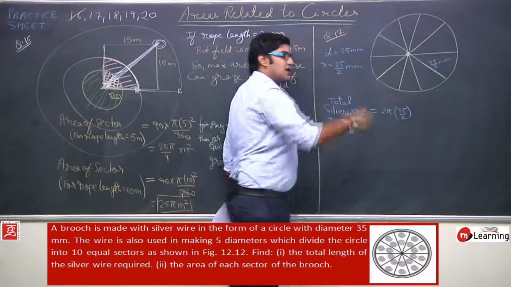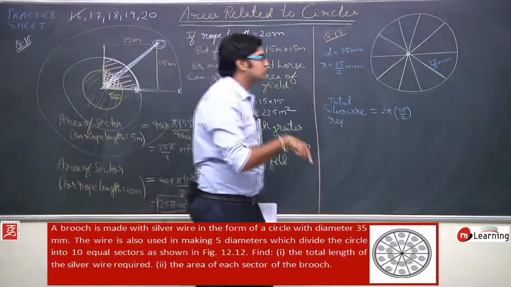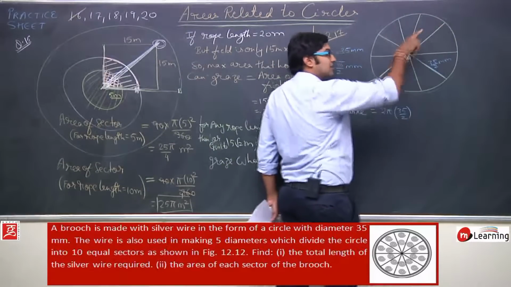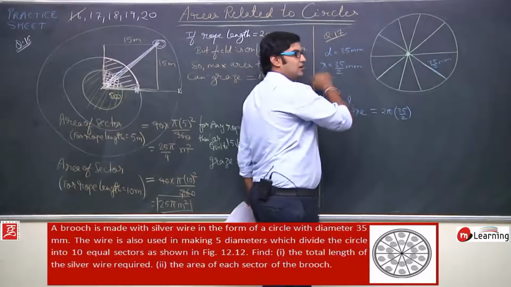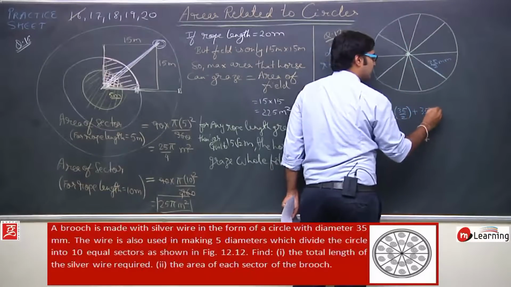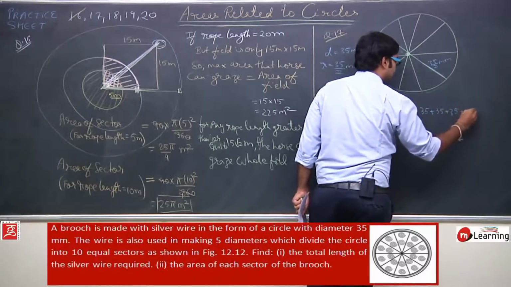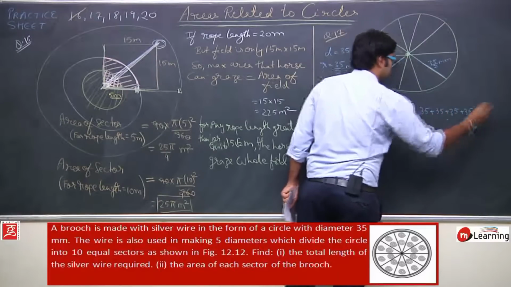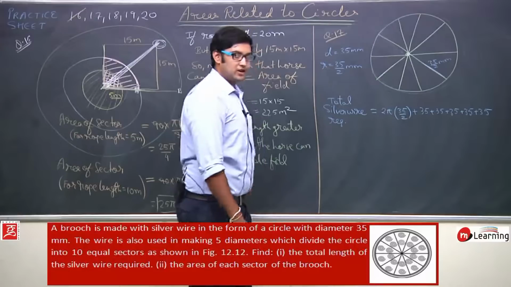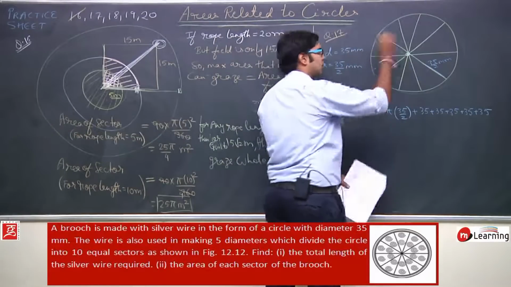Now after that I have made 5 diameters inside this circle also. For each diameter I require 35 mm of wire. So for 5 diameters, I am going to add 35 five times. So this much is the wire that is required to make this particular brooch.